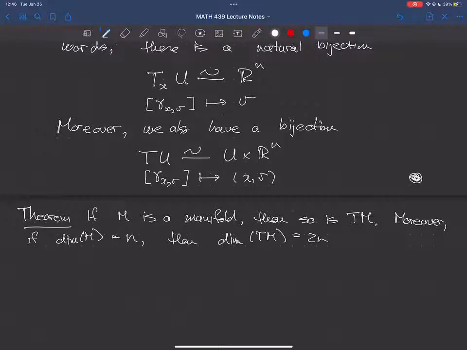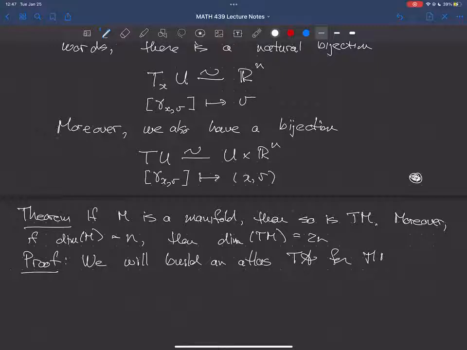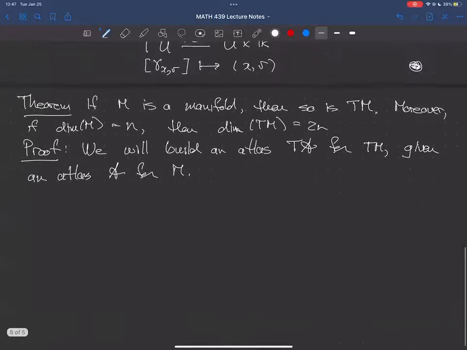Okay, so let's do that. All right. So what we will do is we will build an atlas TA for TM, given an atlas A for M. Okay, and remember, to show that something's a manifold, all you need to do is build an atlas for it.